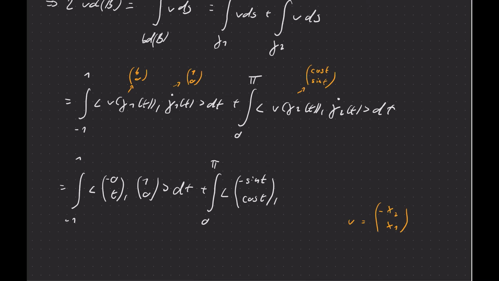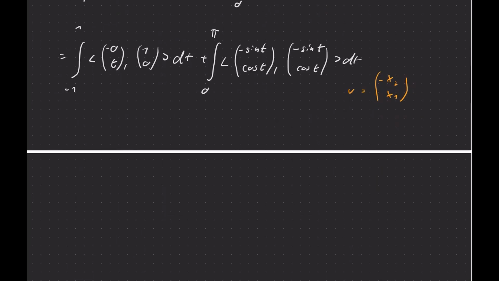And then we have gamma dot. Now, the derivative of the cosine of t is the negative sine. So there's minus sine of t. And the derivative of the sine is the cosine of t. So this is how that integral looks like.